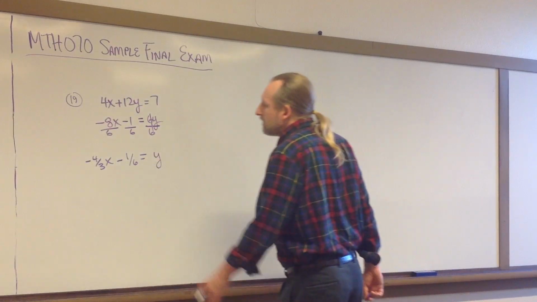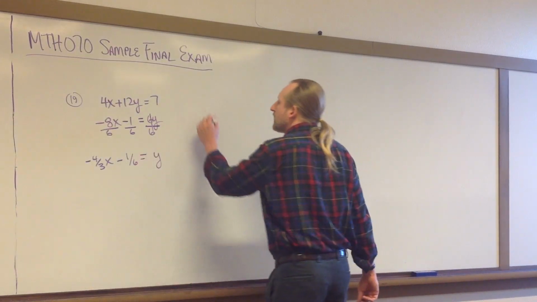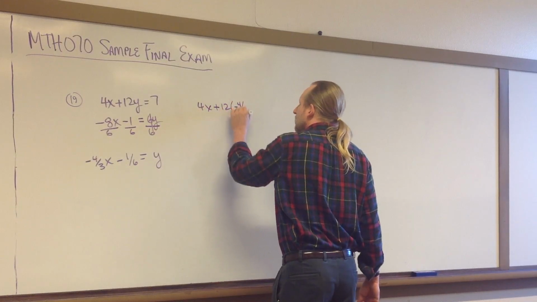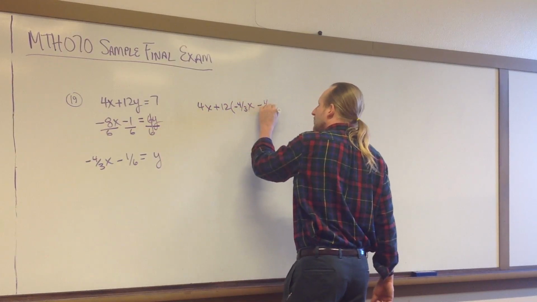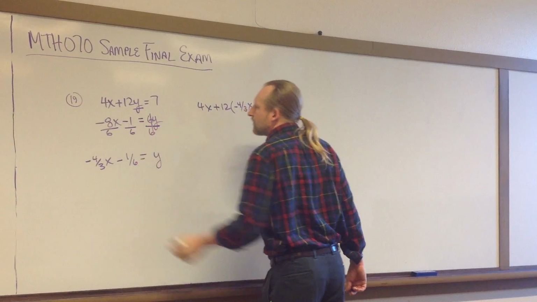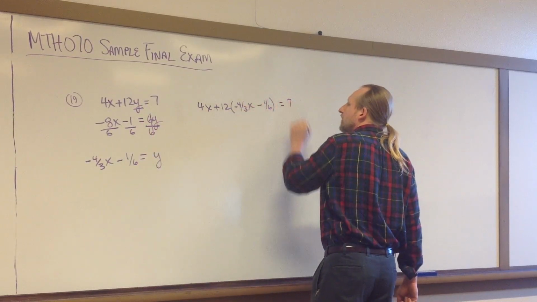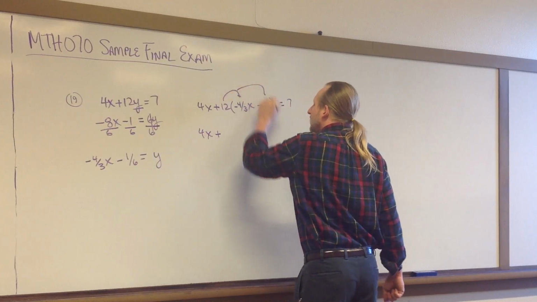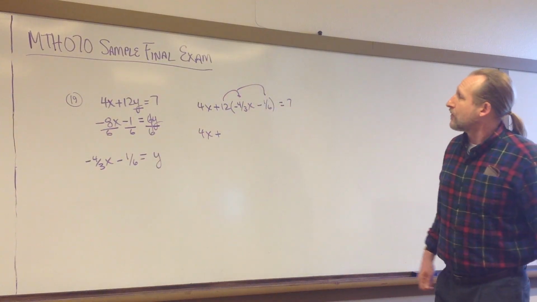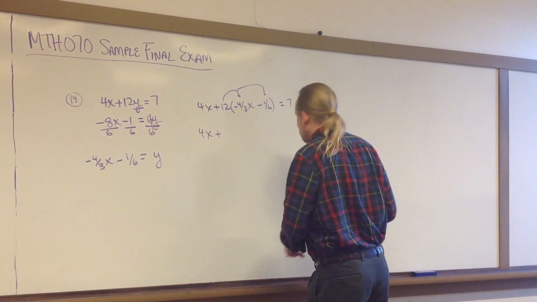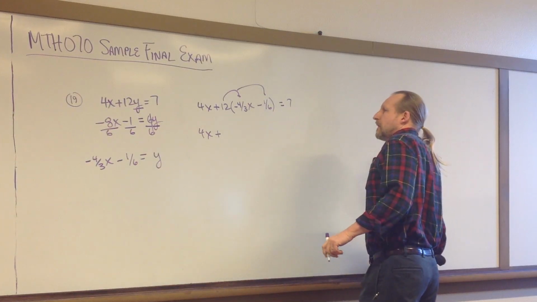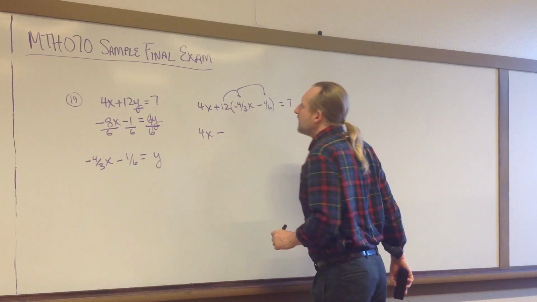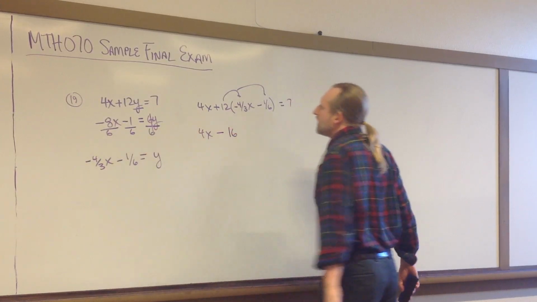Okay? All right, well now if we know that y is equal to that, then we can go and plug it in up here. Negative 4/3 x minus 1/6, put that in place of the y in the other equation. And now we're going to distribute this 12, and that's going to actually take care of the fractions for us, won't it? Let's see, this is going to be negative, right? Because positive 12 times negative 4/3 is going to be negative 16, right?